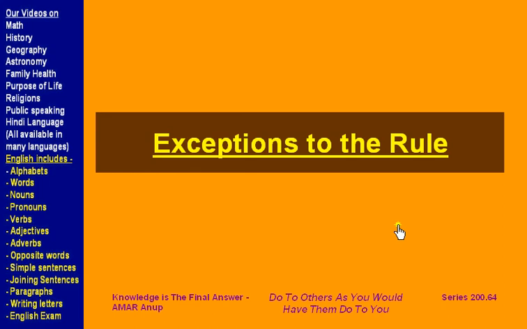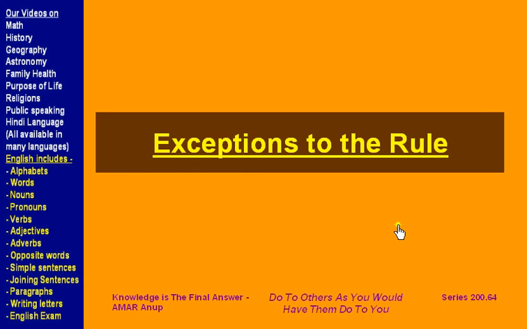Then we saw many examples that proper nouns must be capitalized, any type of proper noun. Just now we saw that in quotation marks, if something is there, it should be capitalized. If it's in brackets, when it should be capitalized, etc. So we had a very good discussion about where to capitalize.